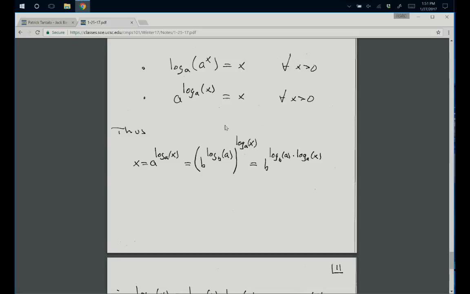Because after all, the factorial function is a very fast-growing function, faster than any exponential. On the other hand, the log function is a very slow-growing function. So we have a composition on the outside, a slow-growing function, on the inside, a fast-growing function. It's kind of a tug of war. Where does it land? How fast is the result? How does that thing grow? This is how fast it grows, n log n.